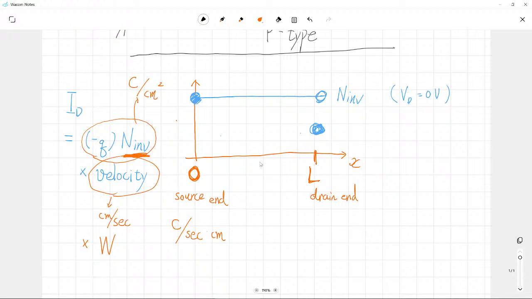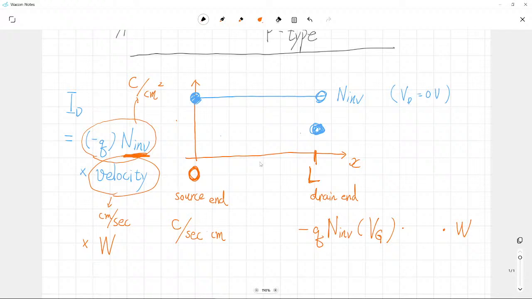As you know, inversion charge density is a function of gate voltage and drain voltage simultaneously. But let's assume that the inversion charge is just a function of gate voltage only. Then in this case, we will have minus Q inversion charge density, a function of gate voltage only, and velocity here, and we will have W. Then what is the velocity?